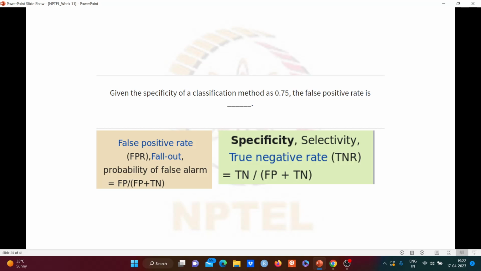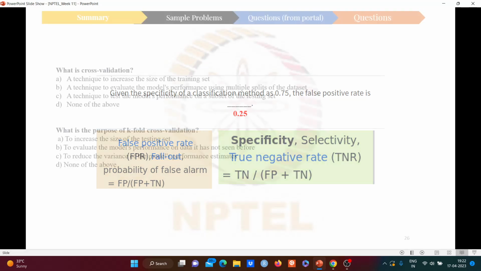So when we take the sum of these two, the false positive rate and specificity, it is the number of false positives plus true negatives divided by false positives plus true negatives, which equals 1. That means the sum of false positive rate and specificity equals 1. So when specificity is 0.75, the false positive rate will be 0.25.